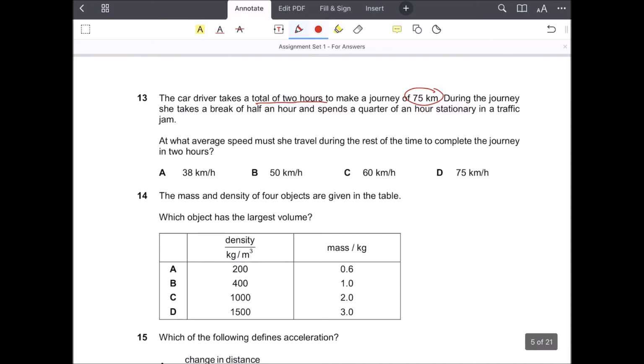So I must find the time that the car is moving, which is 2 hours minus half an hour minus a quarter of an hour. And this is 1.25 hours. So now I can calculate the speed, which is just 75 divided by 1.25, and this is 60 km per hour.